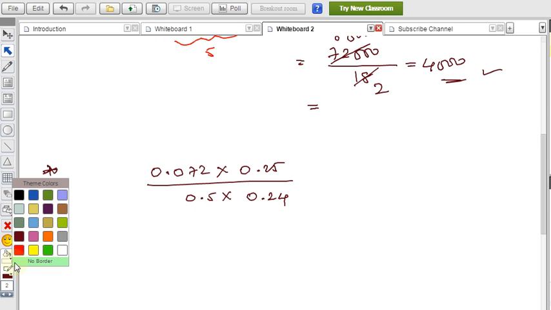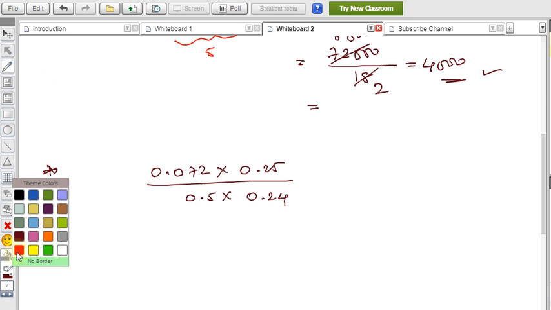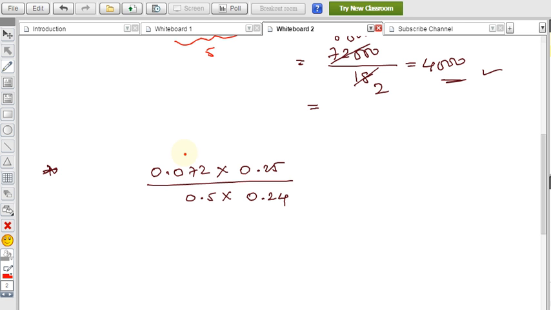Now if you count overall, for the numerator 3 digits plus 2 digits is equal to 5. Down below, 1 digit plus 2 digits is equal to 3. Here 5, here 3. Now we still need an extra 2.